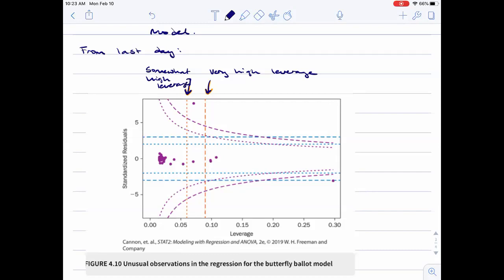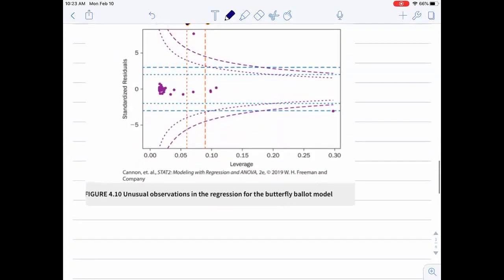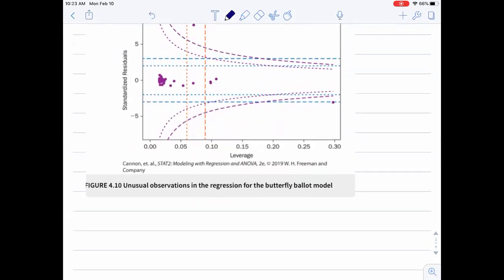If we go to the y-axis, right, the y-axis has the standardized residuals. Remember, the residuals are the distances from the line, right? So how far away are these points from the line? We're expecting them to be around 0, right? Especially the standardized residuals, because they're standardized taking into account the spread of the residuals.